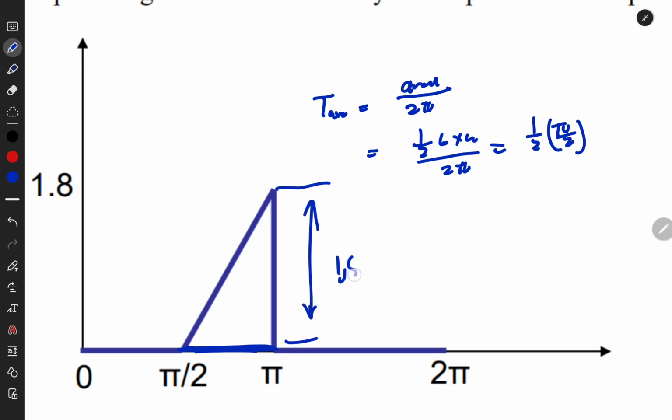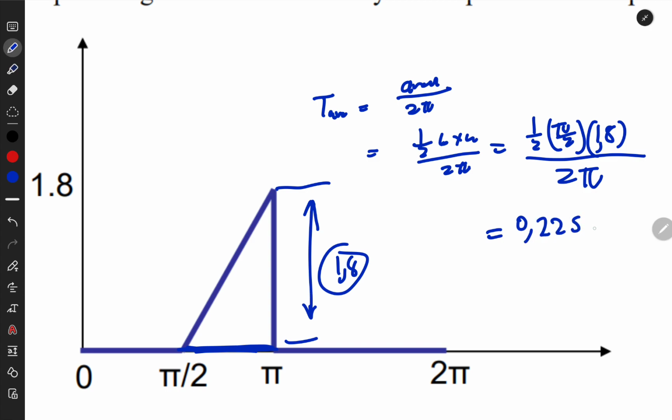So that is 1.8, 1.8 all over 2 pi. Then from here you can get your average torque, and after calculating I'm getting 0.225 torque in Nm, right? Cool.